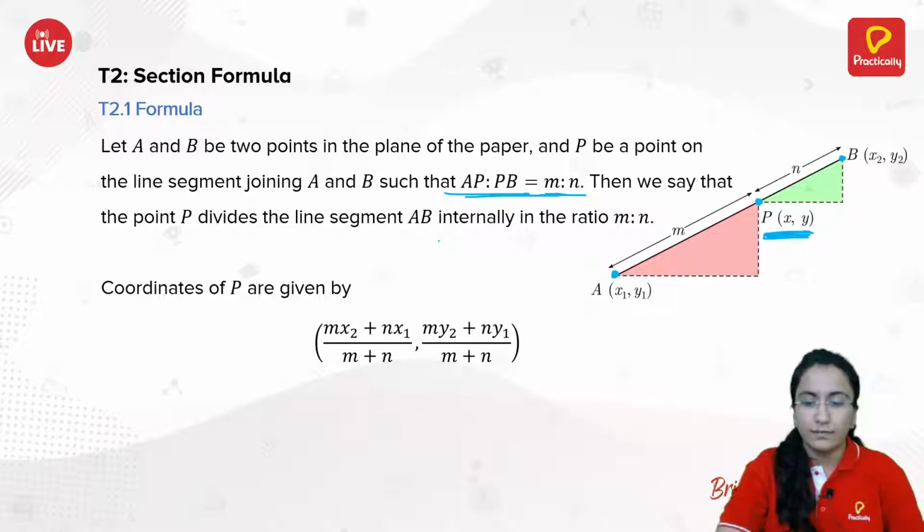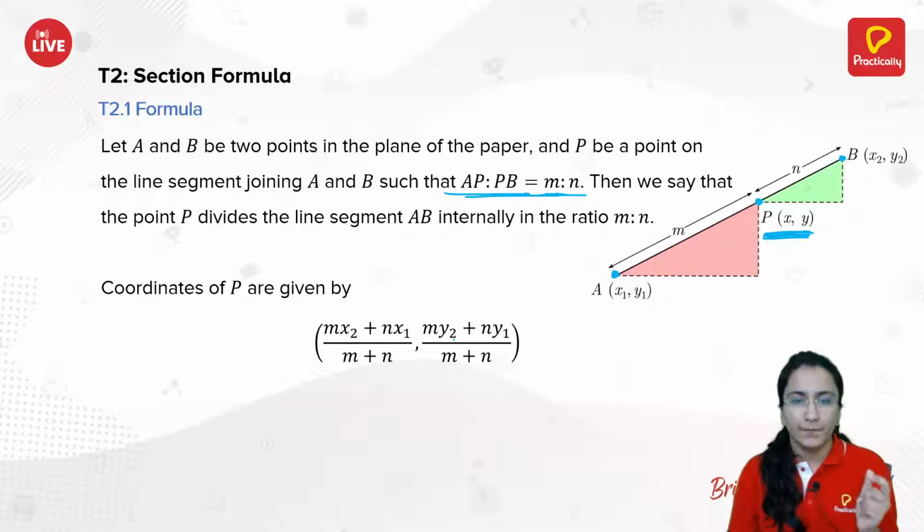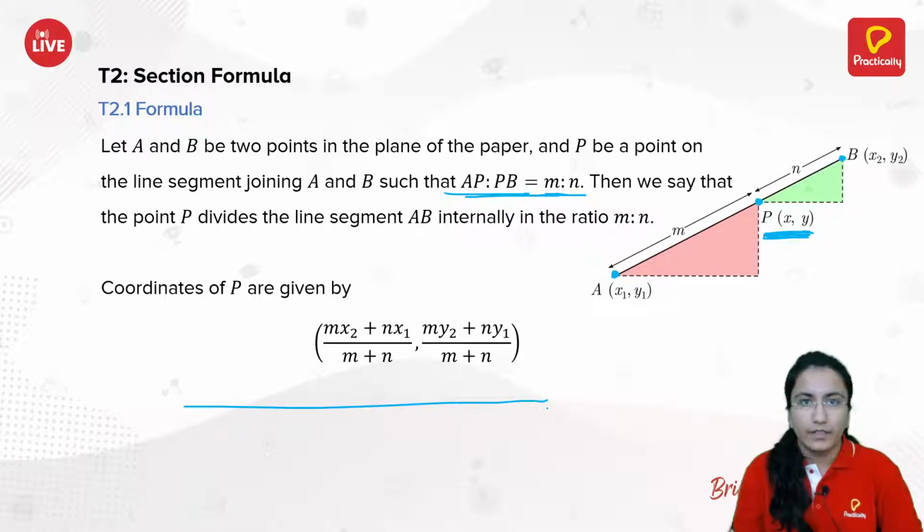What exactly this formula is, let's just see. Okay, so this formula is (mx2 plus nx1) divided by (m plus n), comma (my2 plus ny1) divided by (m plus n). How can you remember this formula? Let's just see that. You have this line segment, right?